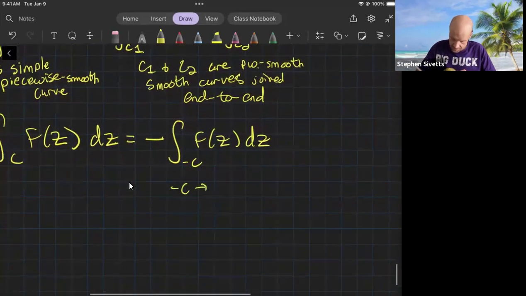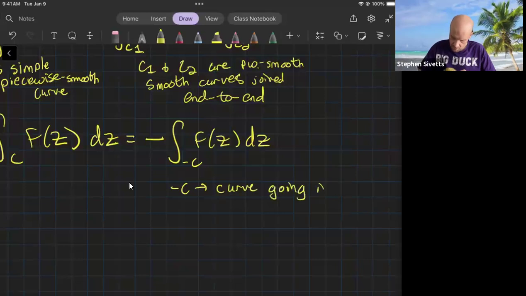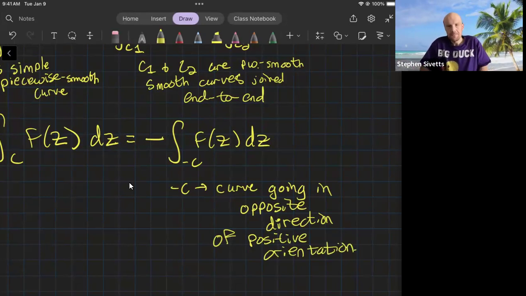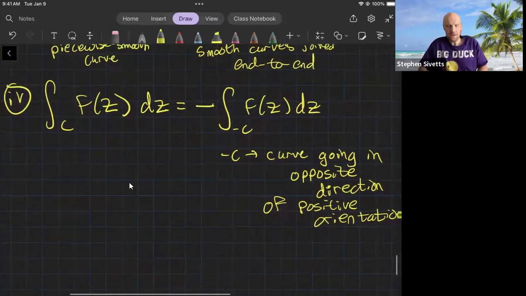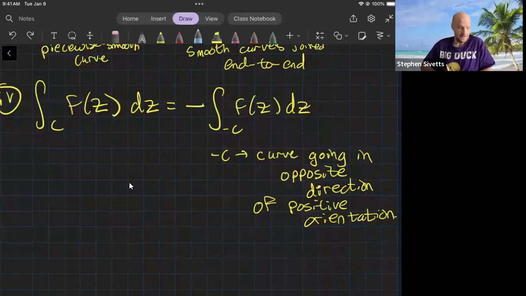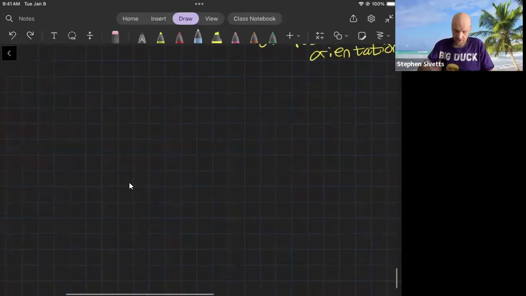So minus C is referring to the curve going in the opposite direction of positive orientation. Whenever you do that, you have to tack on a minus sign out front. So make sure that you take note of that. And that's it for this section.